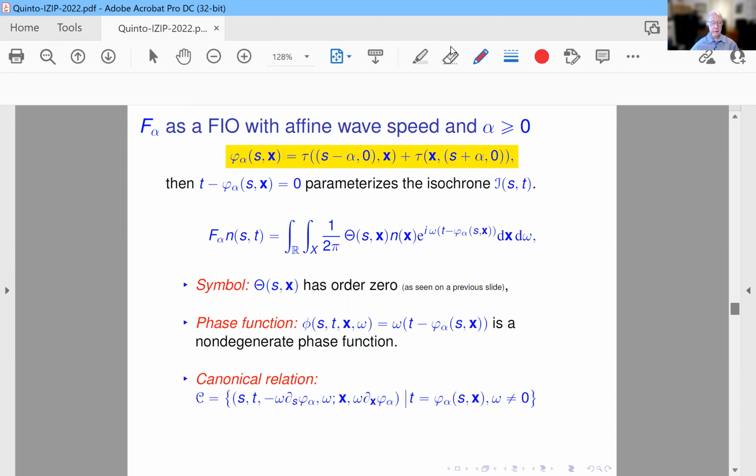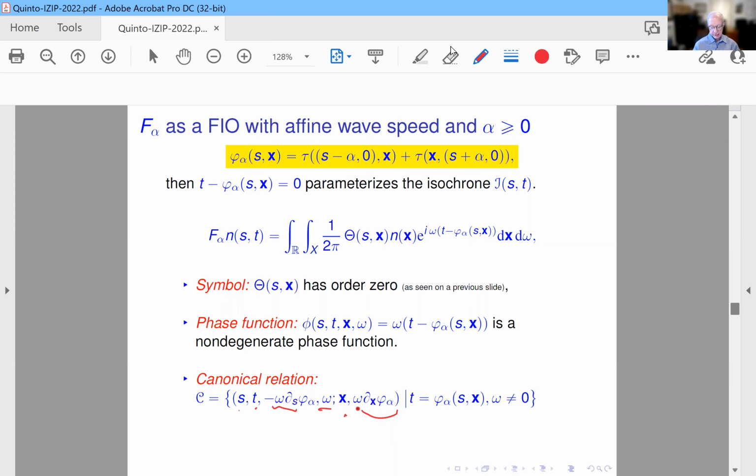And here's the canonical relation. I mentioned this because we'll need it in describing the proofs. So we have S and T, the y parameters, the S derivative, the T derivative, X, and the negative X derivative.